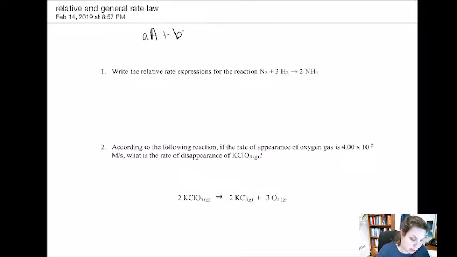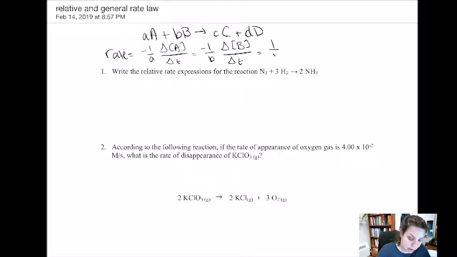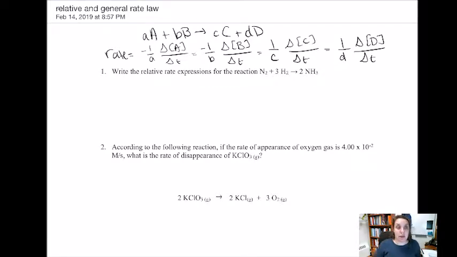We look at this right here, and then that can be translated into -1 over a, delta big A over delta T, this is rate, equals -1 over b, little b, delta big B over delta T, equals 1 over c, small c, delta big C over delta T, equals 1 over little d, delta big D over delta T. So that's how we're going to take our rates and relate them using stoichiometry for relative rates.